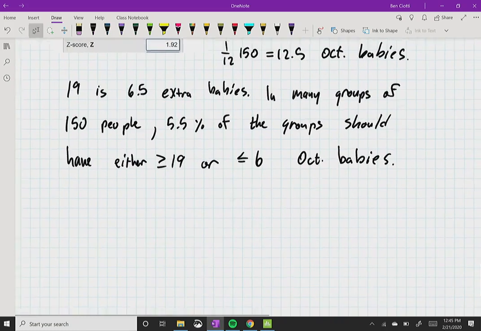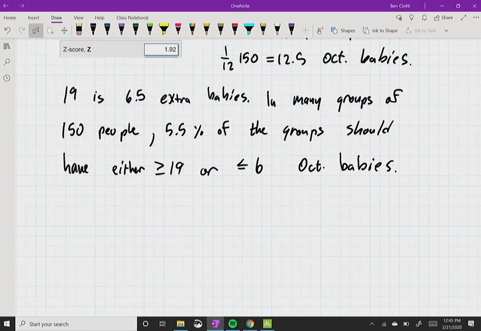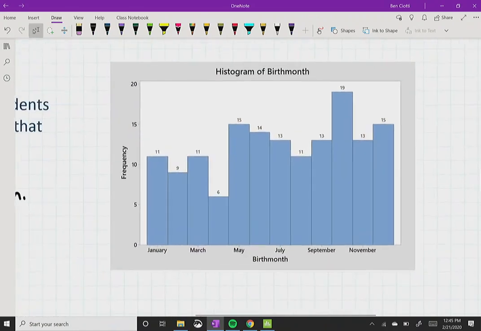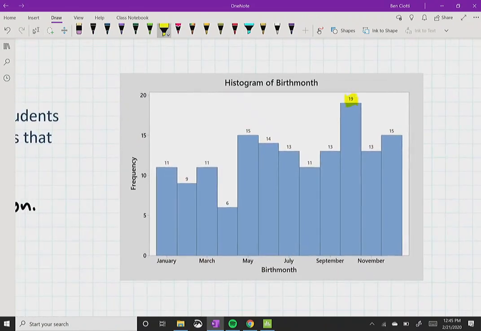Oh, in fact, here I'll show you the actual distribution of birth months from the class survey data that was up here. So you can see we were looking at October, which was the highest point. Interestingly, there actually was another month where this event that supposedly only happened 5.5% of the time happened, and that was in April, where there was only 6 April babies.